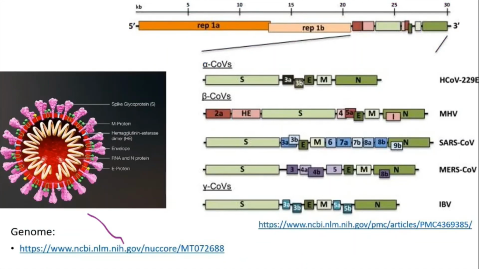So this is the breakdown of the virus itself, what the genome holds. And so it's just one long piece of RNA. This is all connected together. If you happen to be interested in seeing the sequence of the genome, it has been published.